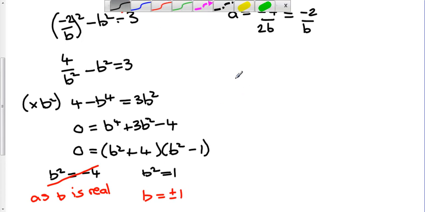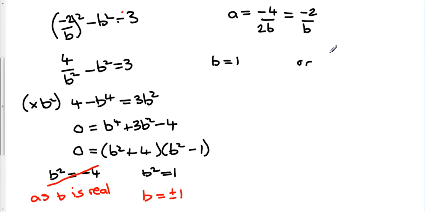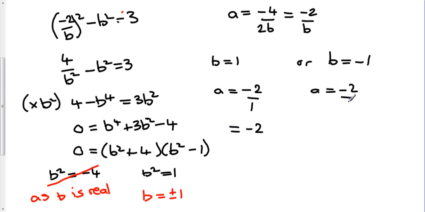So we've got b equals 1 or b equals -1, and if we substitute them back into our expression for a, we'll find out we get a equals -2 over 1, which would be -2, or a is -2 over -1, which makes a 2. So we've got our two possibilities. We've got a is -2 and b is 1, or a is 2 and b is -1.